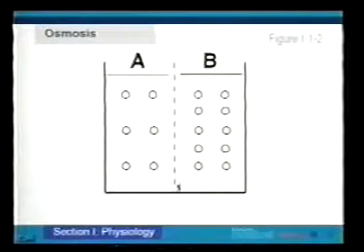Now, every once in a while, they probably will change the stem to make it a slightly different question. Suppose they state that the membrane here is permeable to both water and salt. If the membrane is permeable to both water and salt, you should realize at equilibrium, in compartment A and compartment B, you would have the same concentrations of both water and salt.